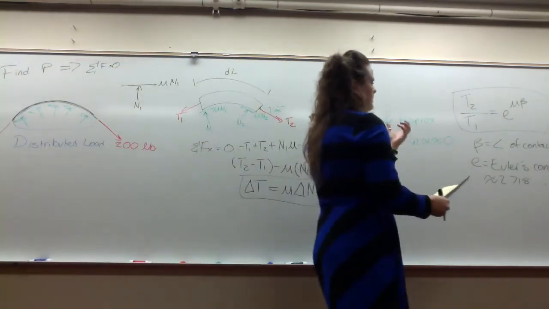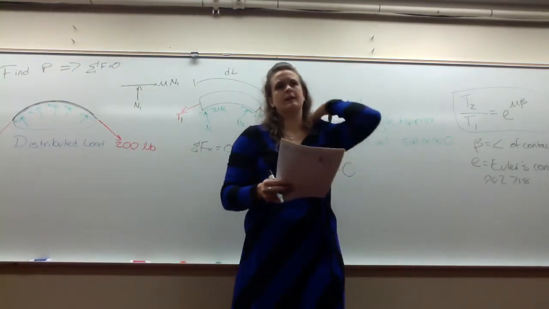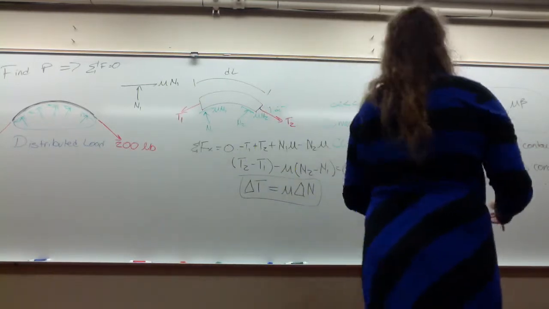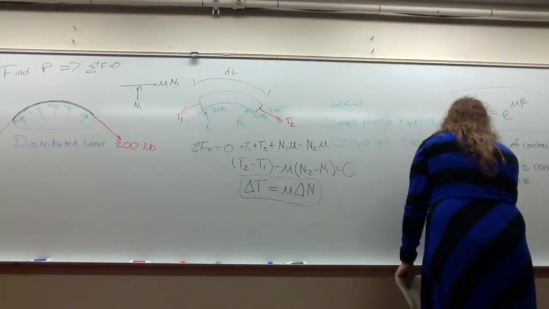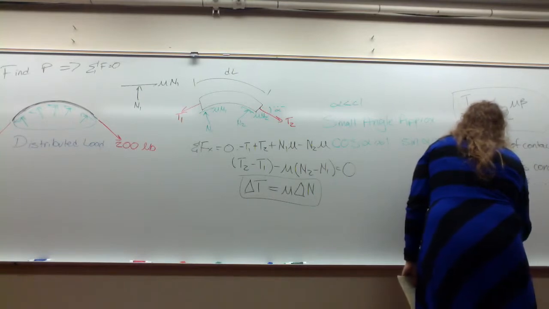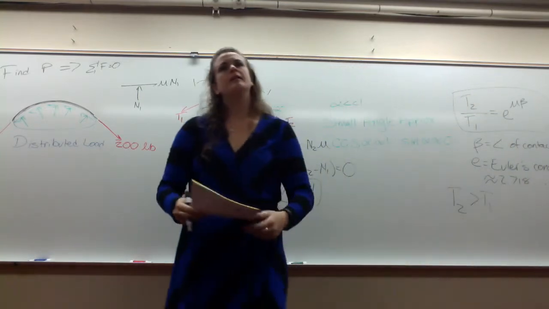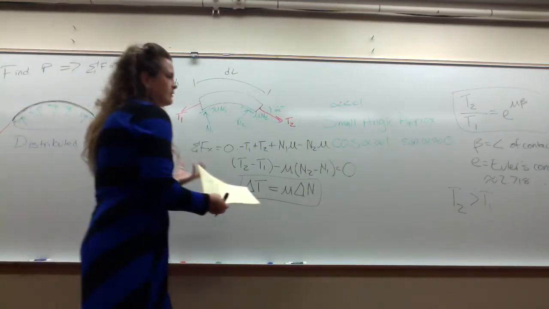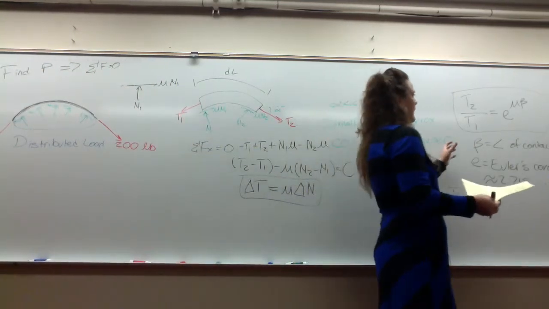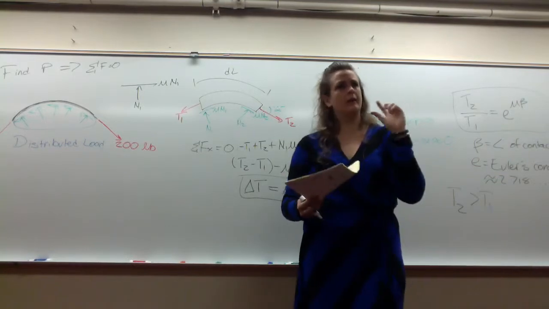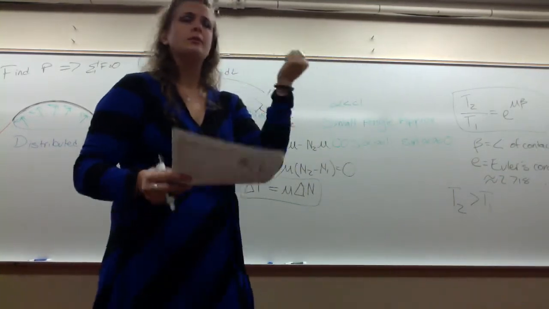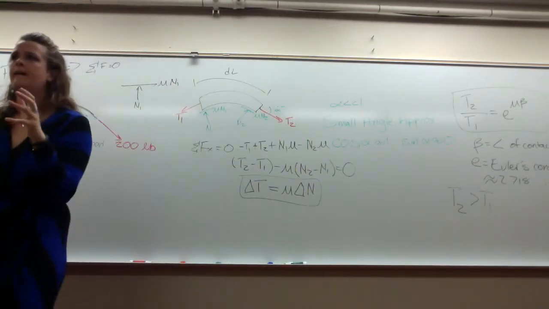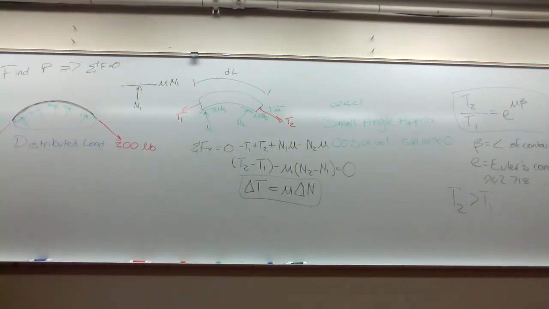And there is an important thing to note in this equation, and that is that T2 is always greater than T1. That's because we're using the function of Euler's constant, so we need a fraction that's greater than 1. T2 is always greater than T1, and that comes with some intuition with your problem.